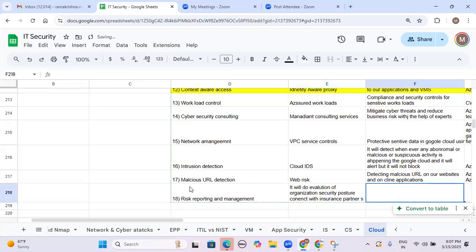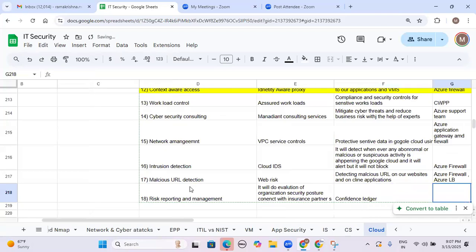Everything can be taken care of by a third party. So this one we can call confidential ledger or compliance. Here also we can say AWS compliance and reporting. So that is the comparison between GCP and Azure and Amazon Web Services.